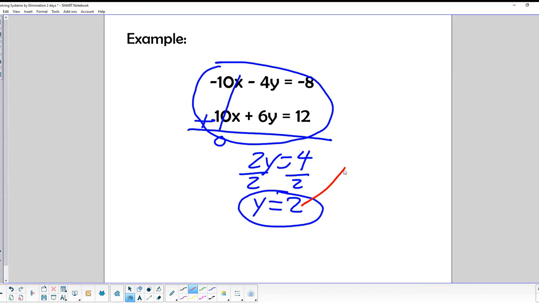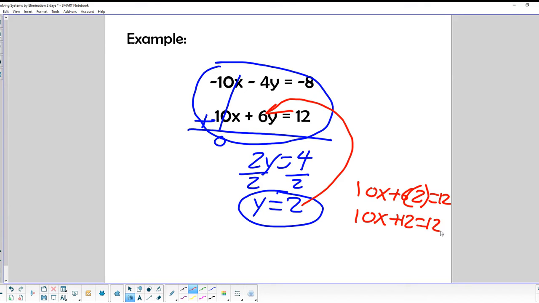So how do you find your x value then? Well, you plug that 2 back into the original equation for y, and then you solve for x. So in that case I had 10x plus 6 times 2 equals 12, or 10x plus 12 equals 12.